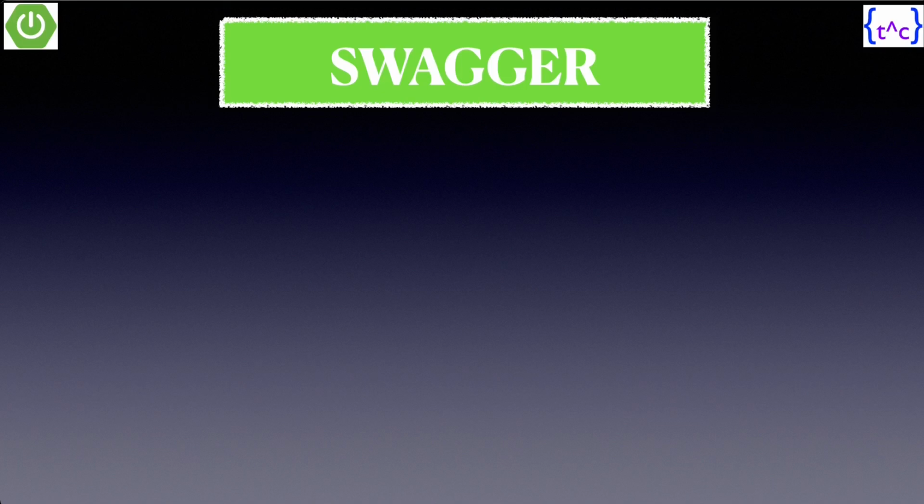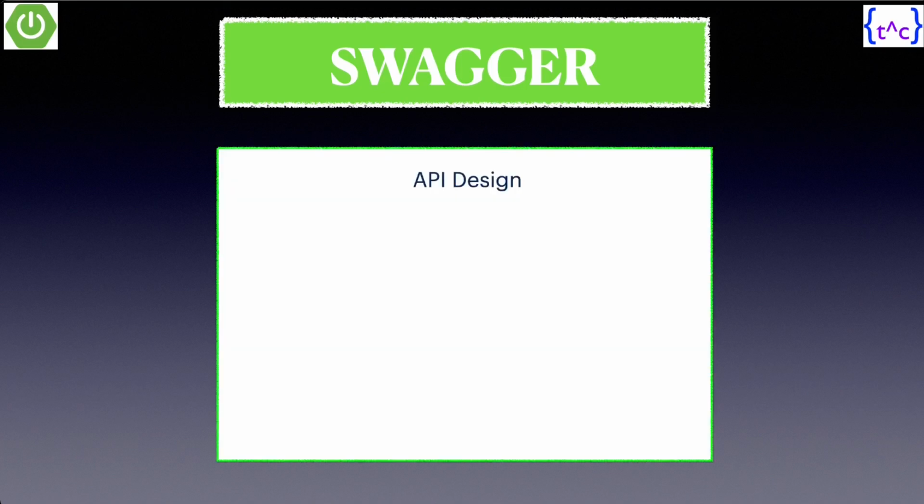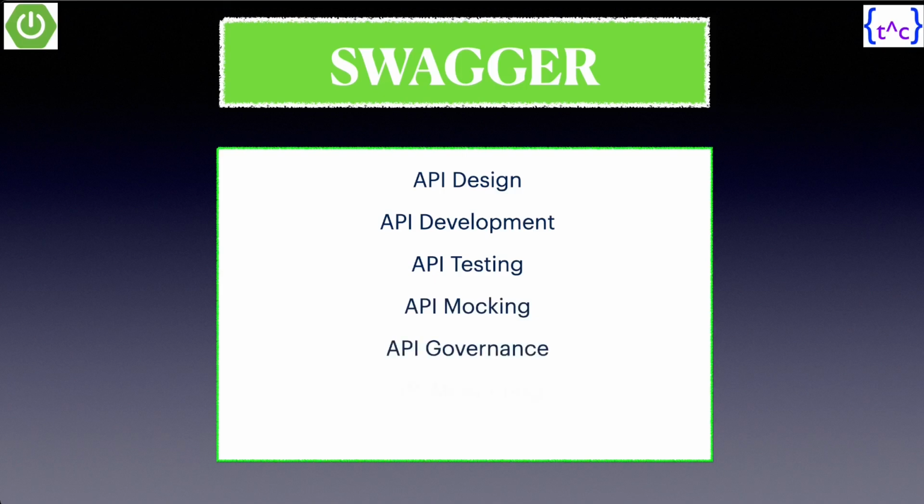Although Swagger can be used in a variety of different ways, it can be used to develop the API, to create the interaction between APIs, and to document APIs. Other than that, there are many more usages. I'll now go through each usage of Swagger. It can be used for API design, development, or testing, or for API mocking, API governance, API monitoring, and API documentation. These are the majority of the areas where Swagger can be used.